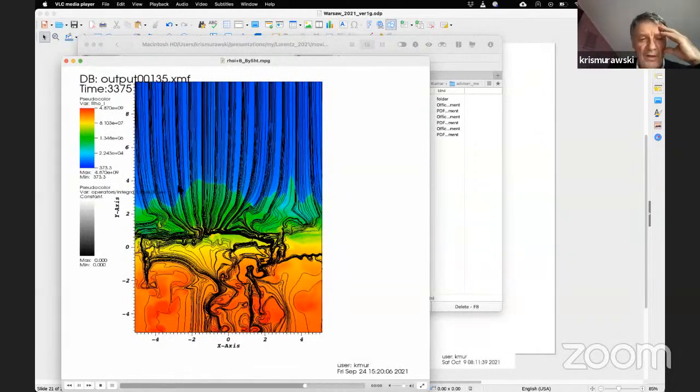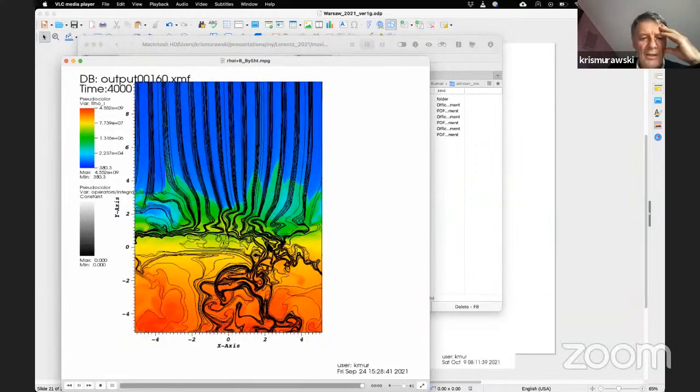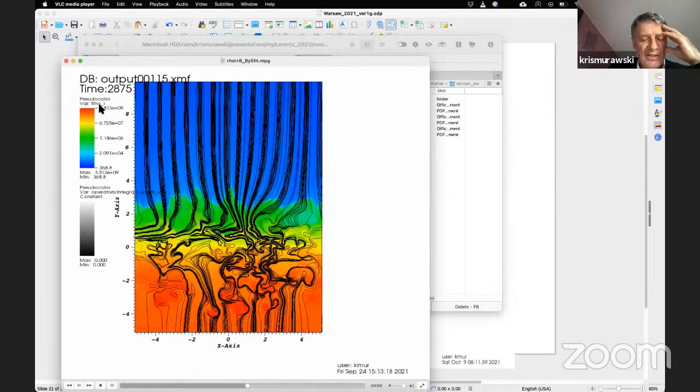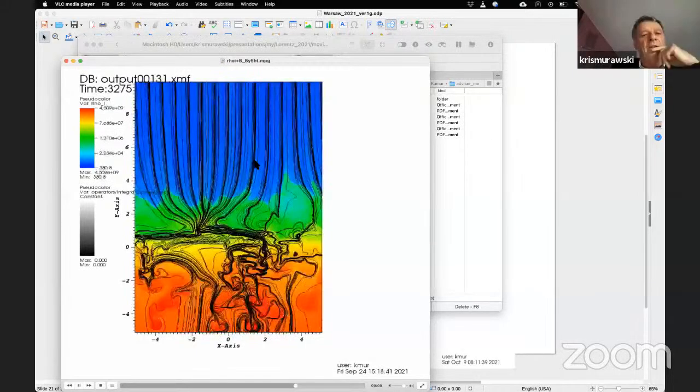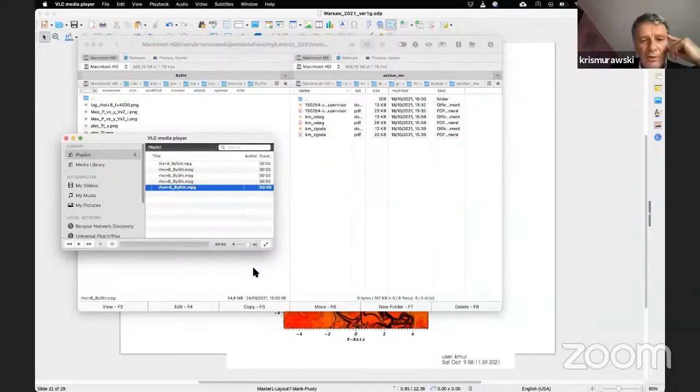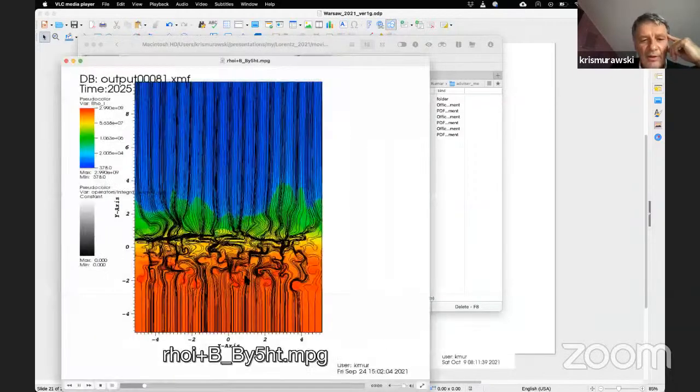Magnetic field lines are displayed by dark black lines, and we see a number of phenomena like O points or reconnections, and many things, in fact, so we can see it and analyze it. But we also have downdrafts, which exhibit speeds of say up to 10 kilometers per second.